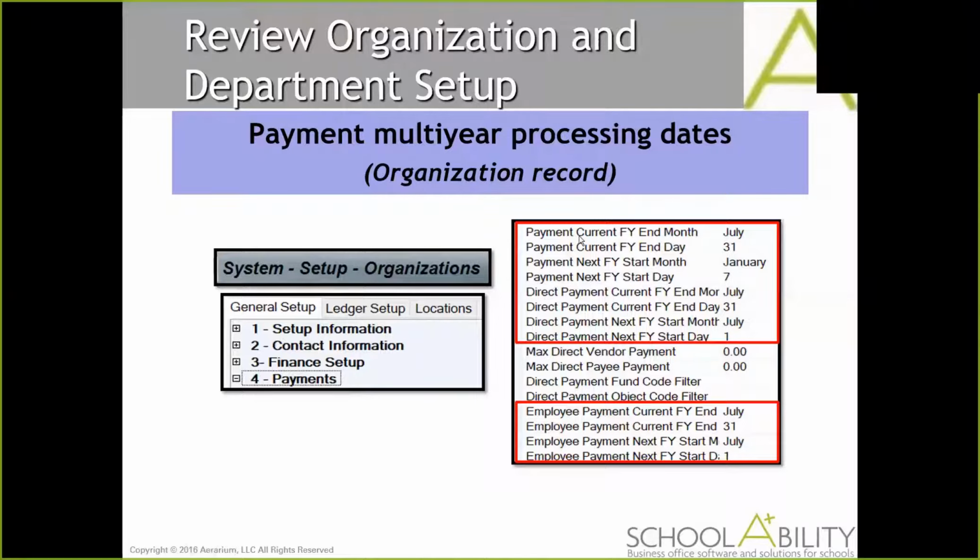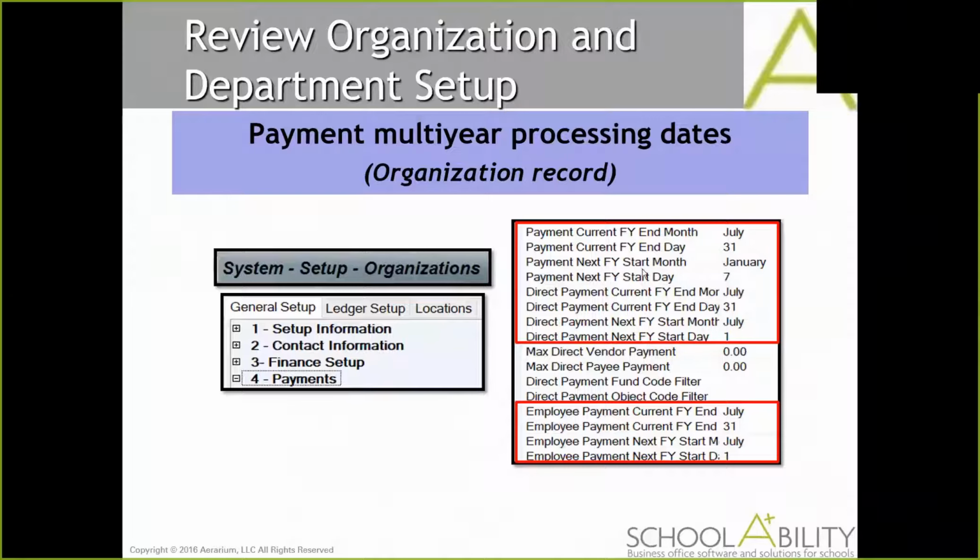This says we're going to leave July open through the 31st for users to be able to enter payments within the current fiscal year, which is 2018. The reason we may leave it in July is that there might be some payments that post in the bank rec or the bank statement that still need to be recorded. So we just want to leave it open to allow the user to enter that information.